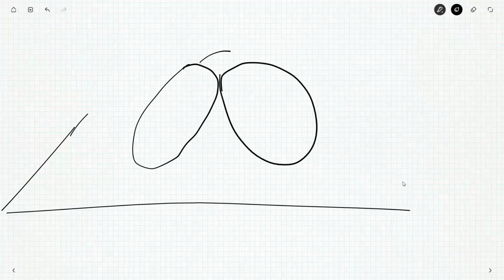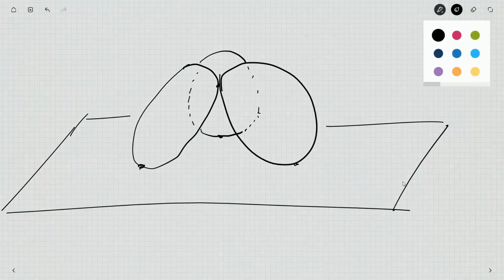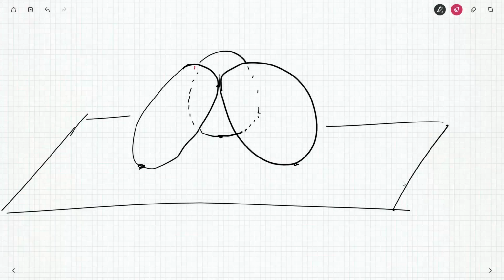I probably don't really need the third circle. But, okay, he touches there, and there, and there. So they hit the plane, and I'm going to use some colors. So touch here, touch here, touch here, form a nice little circle.